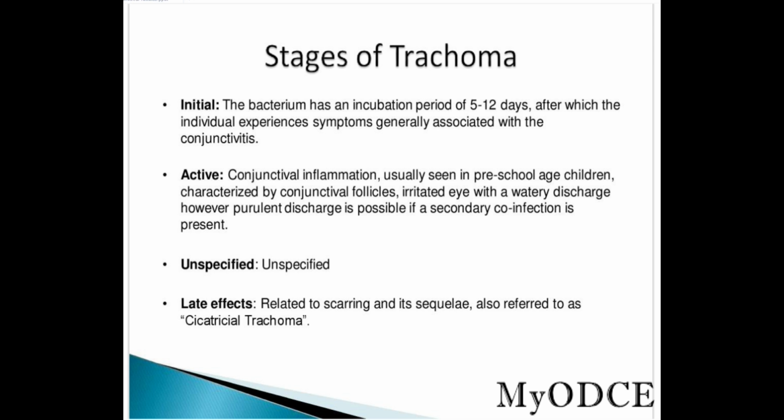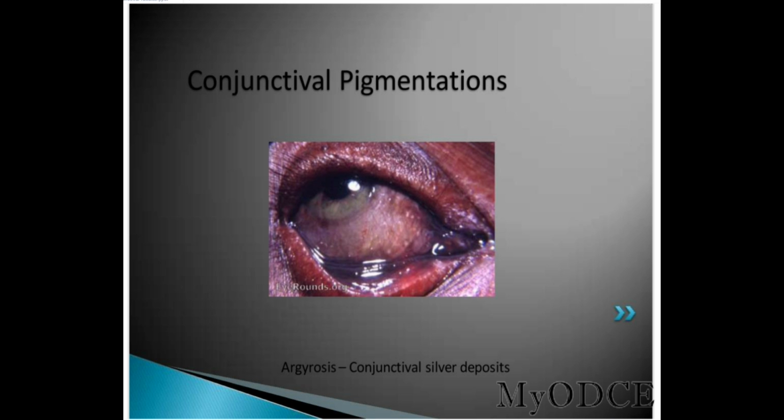Now we're going to take a sidestep a little bit. We're going to go over some other conjunctival, not so much pathology, but things you'll see on the conjunctiva that don't necessarily relate to follicular conjunctivitis. But they do, in the sense that they are recognized indications for possibly needing to express a conjunctival follicle. So in terms of toxicity, when you look at conjunctival pigmentations, here we're seeing somebody who has silver deposits in the conjunctiva.